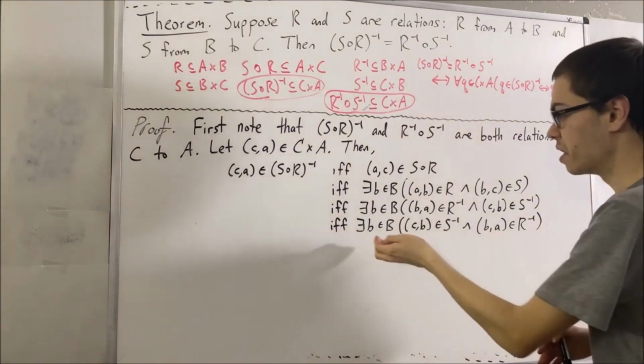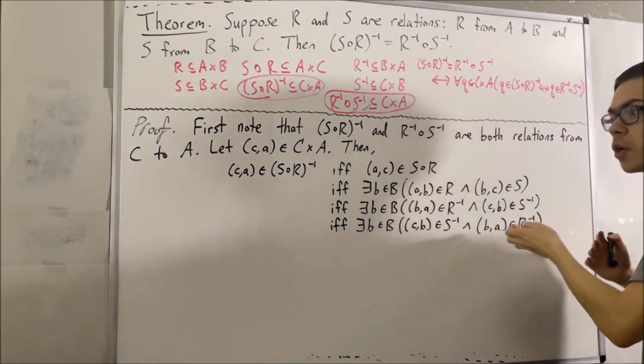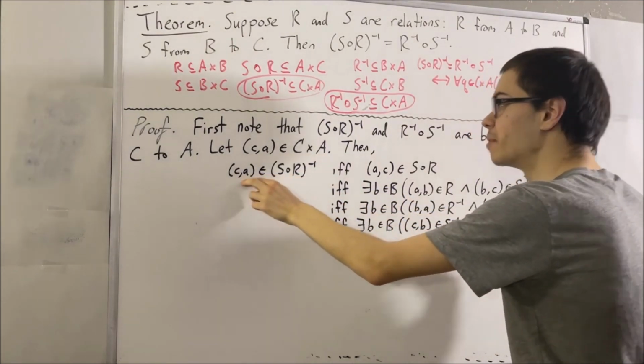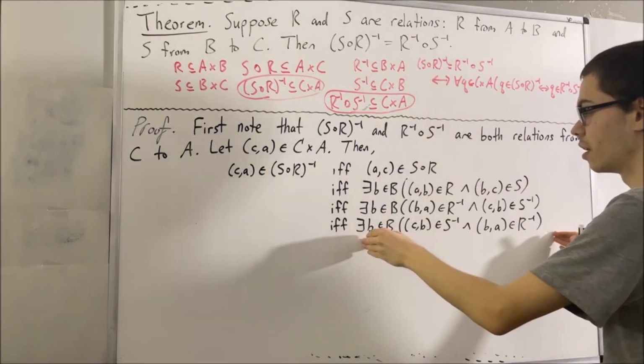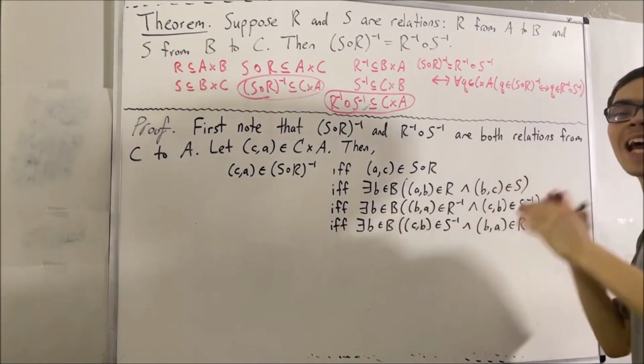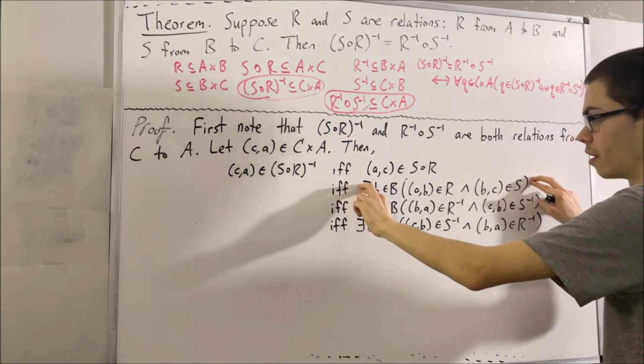But it turns out this is what it means by definition for C comma A to be an element of R inverse compose S inverse. The reason why is because it's exactly analogous to why these two statements are equivalent. Right?